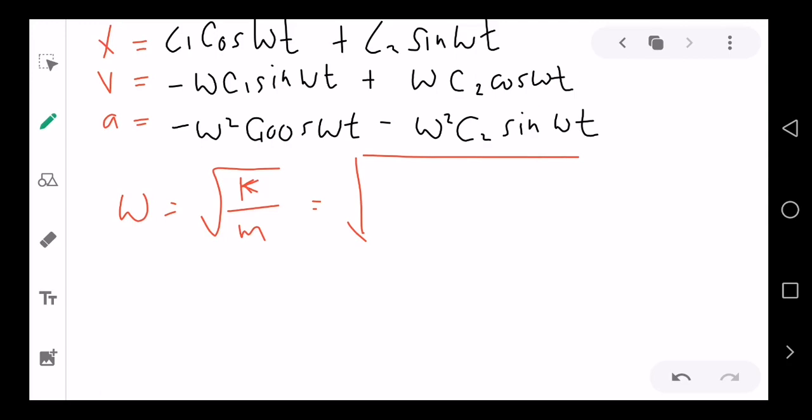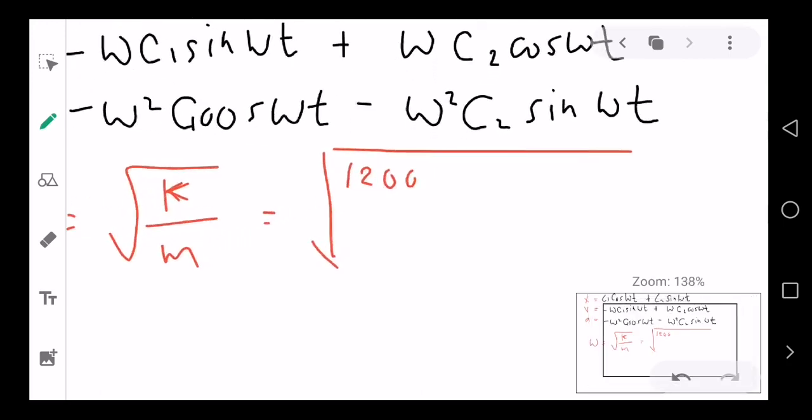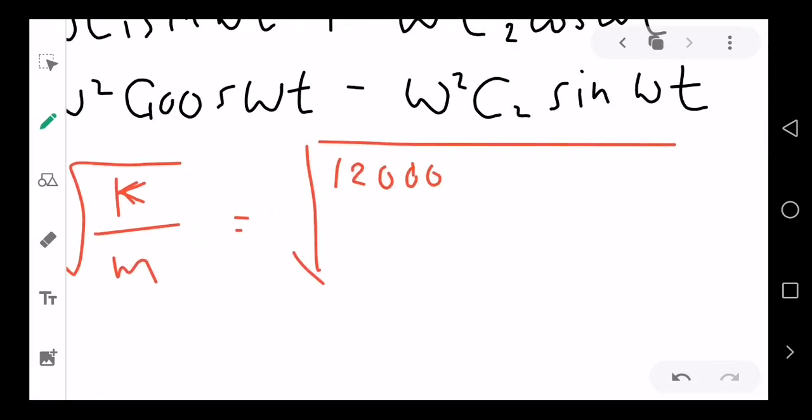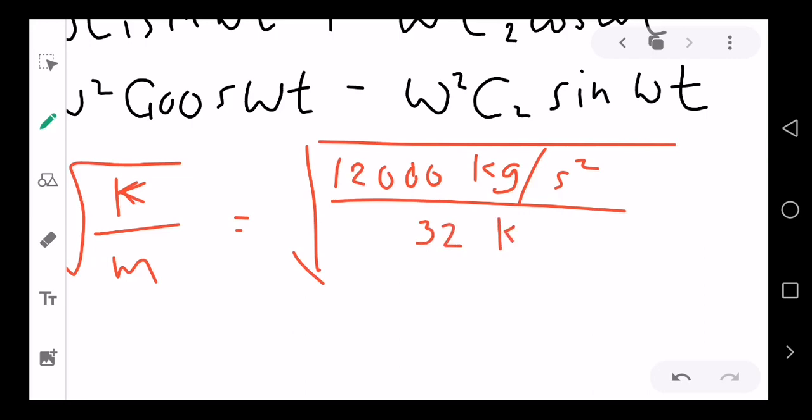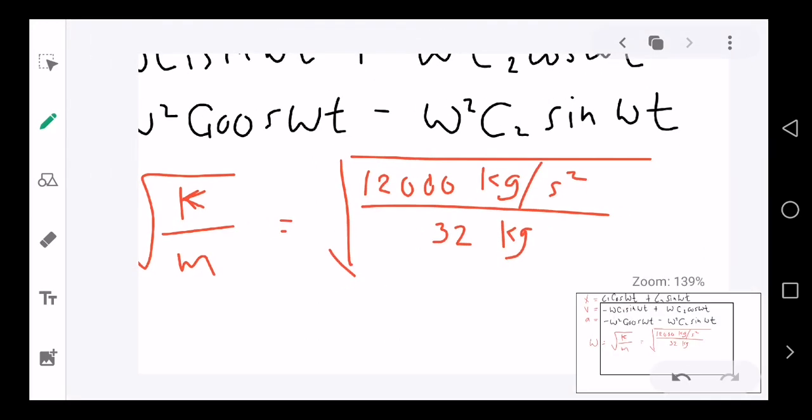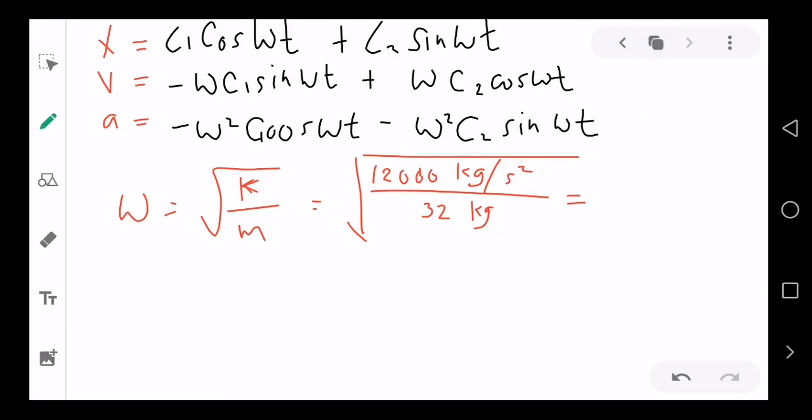We have 12 kilonewtons, so 12,000 kilograms per second squared, all over 32 kilograms. So that would be equal to 19.3649 radians per second. Okay?